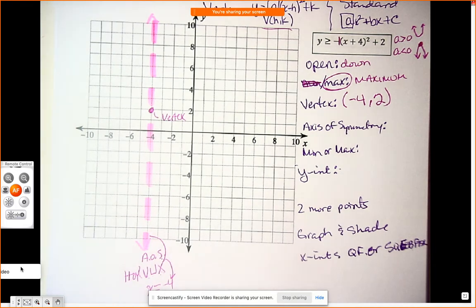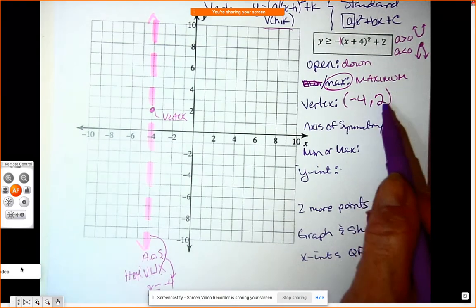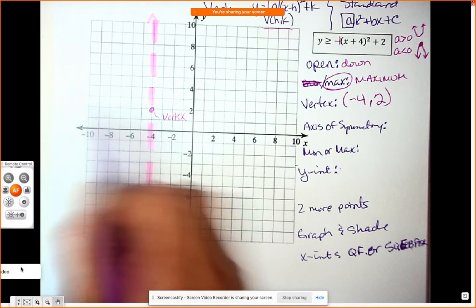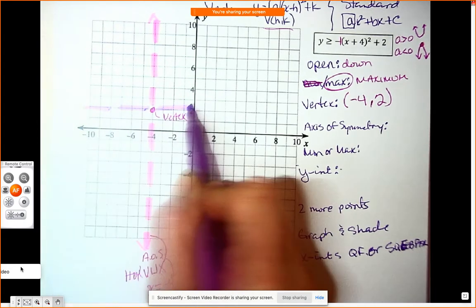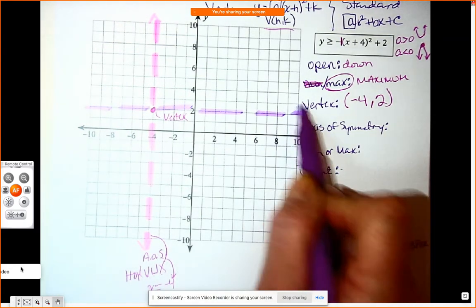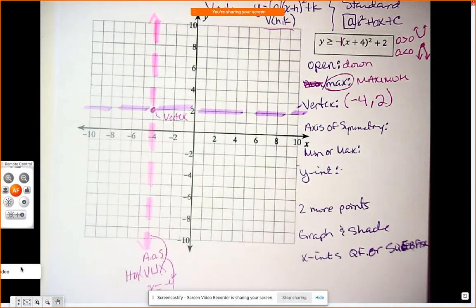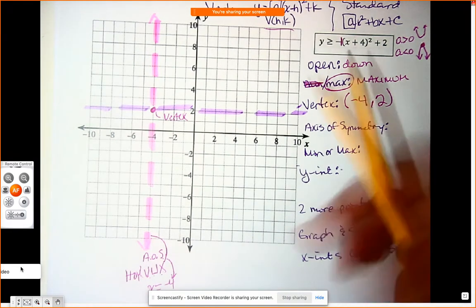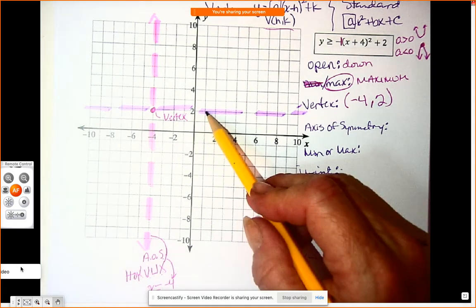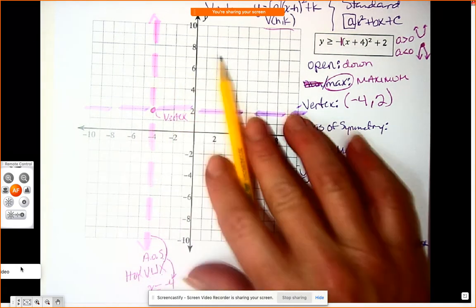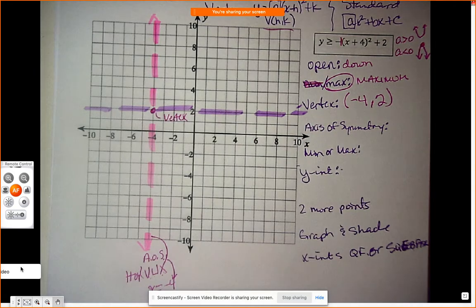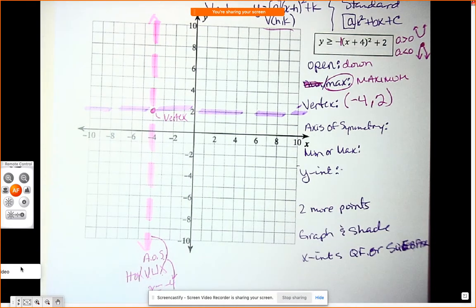Then I might also do, since we know that's the maximum at 2, the horizontal line through the vertex. That tells us the highest or the lowest this graph is going to be. But since I know it's going downhill, I know that's the highest. That graph will never exist above that line. Now I also want the equation of that line. Well, it's still Hoy-Bucks. It's going to be y equals some number.